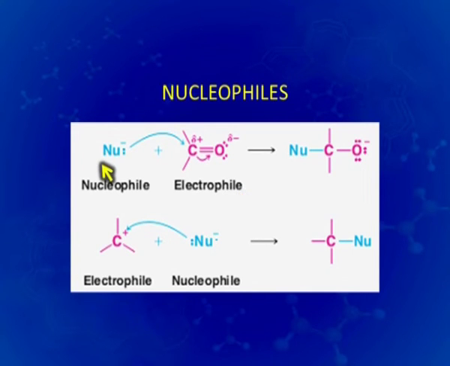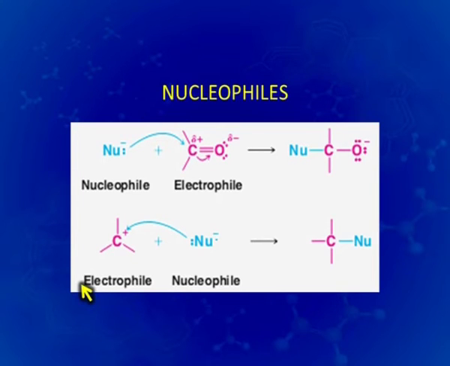So, the nucleophile has an unshared pair of electrons, attacks the positive center of the carbonyl compound, and therefore this particular bond moves to the oxygen, and what we get as product is the nucleophile attached to the positive center of the carbonyl compound, forming a bond here.